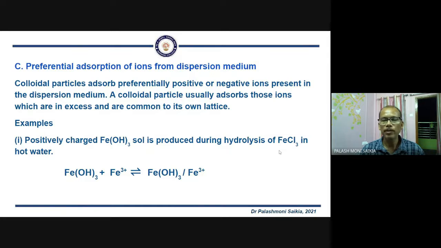All the OH ion that will be there will be used for formation of ferric hydroxide, and due to the presence of excess ferric ion, it is absorbed. So when we hydrolyze ferric chloride in water, basically hot water, we get positive ferric hydroxide colloid.